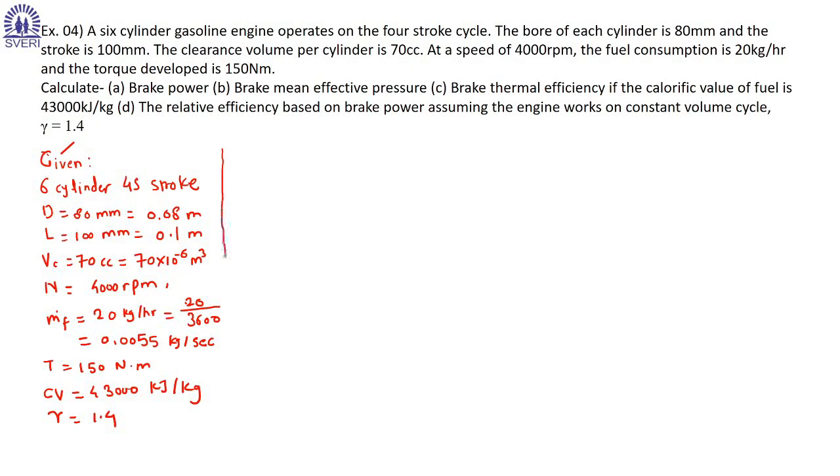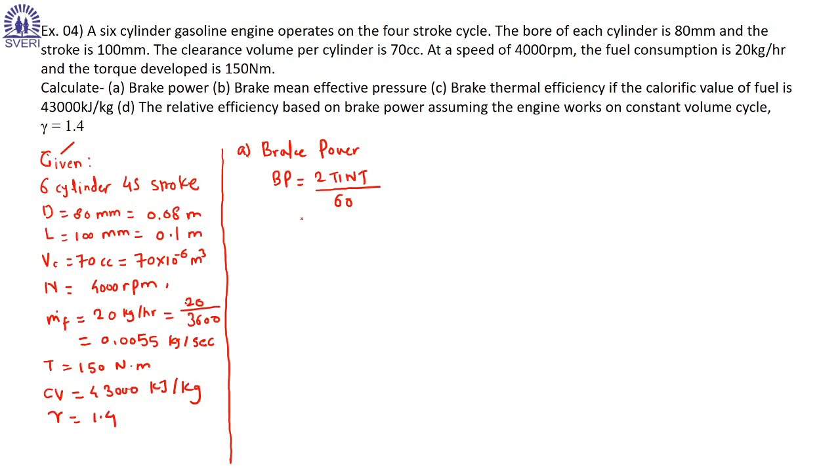So we'll start with the first part. First, A is your brake power. Now for a rotary motion, we know that brake power is given as 2 pi N T divided by 60. If it is a linear motion, then the power is a product of force and velocity. For a rotary motion, we have this formula, 2 pi N T divided by 60.